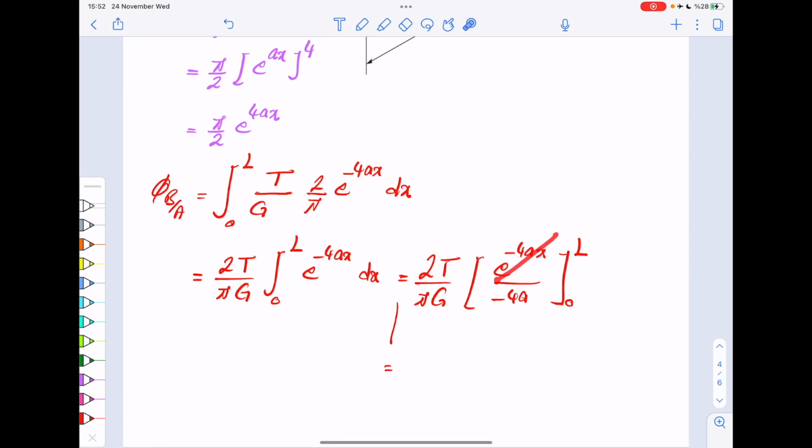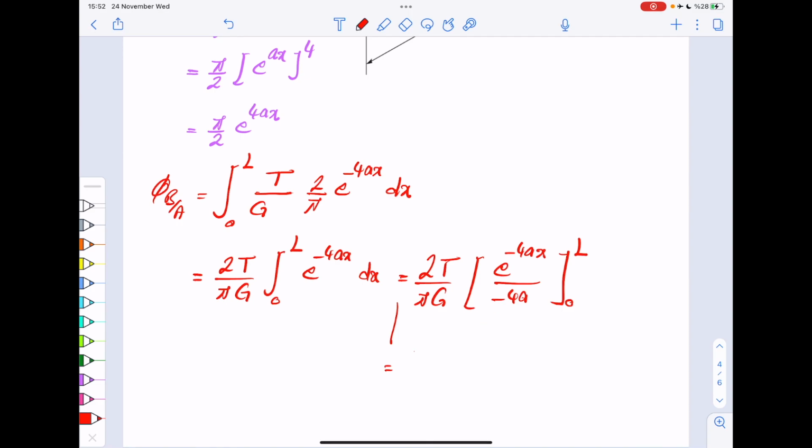If you put 0, you get 1, right? And then there is this minus sign, so you kind of expect to see something with the 1 being a plus number, right? Because the second one is multiplied by a minus here.